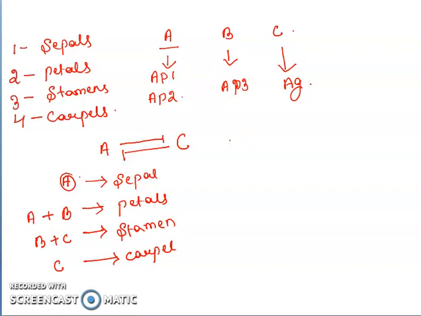Now, there is another concept. We have understood that in the A class gene, there is presence of Apetala 1 and Apetala 2. In case of B, Apetala 3 is present, and in case of C, Agamous is present. Now, in case of A, sepals will be present, which is the effect of Apetala 1 and Apetala 2.